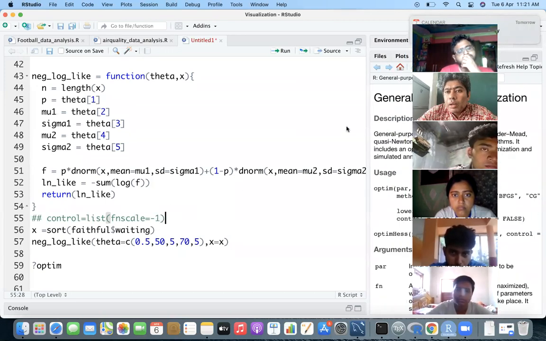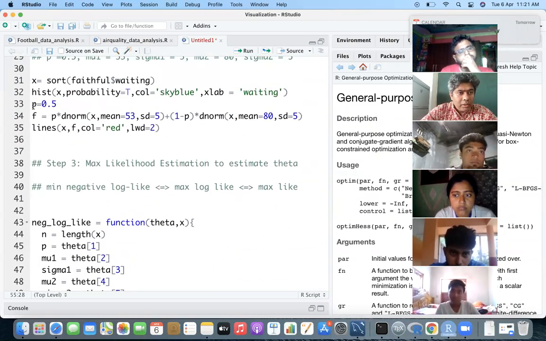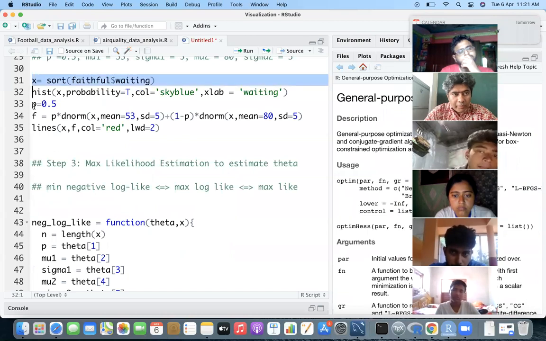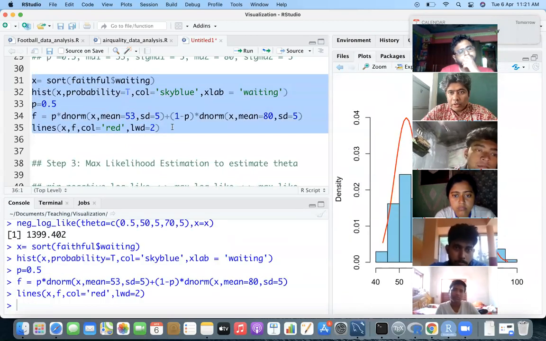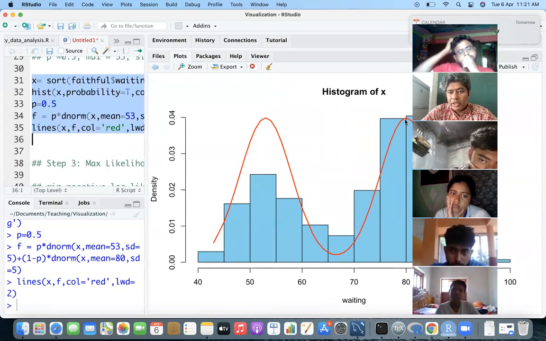When we differentiate a function and equate it to 0, the solution will be a critical point. There will be a critical point here, and another critical point here. So there are two critical points.